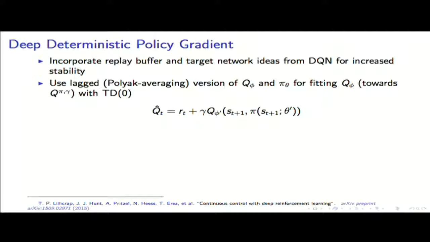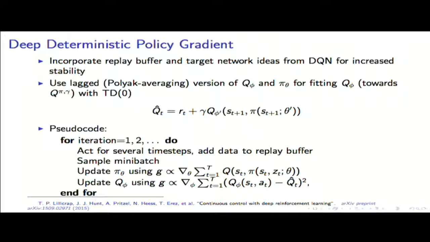And so they used the lagged version of Q for updating Q, not for updating the policy. And I think they also used a lagged version of the policy that they plugged into the Q function to do the backup.